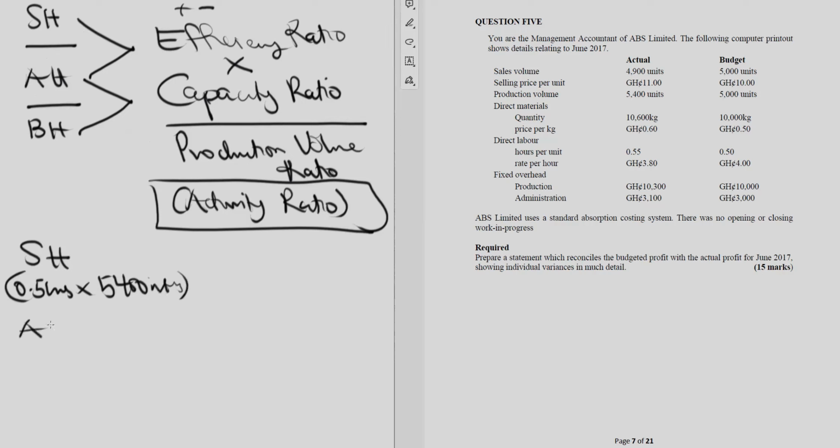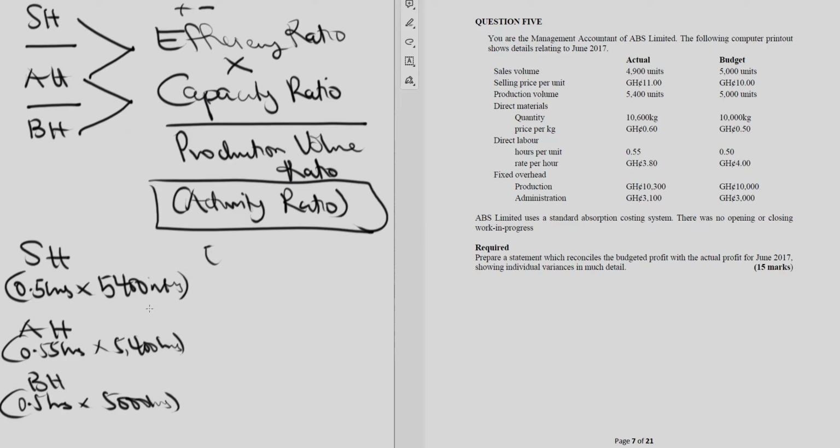When we go to our actual hours, we know that we were using 0.55 labor hours by the same 5,400 units. That is what you got. Then when we go to the budgeted hour, we realize that we're using the same 0.5 hours, but because this one is budgeted, we use the budget, which was 5,000 units. So now if we get the figures, we can do whatever we want.